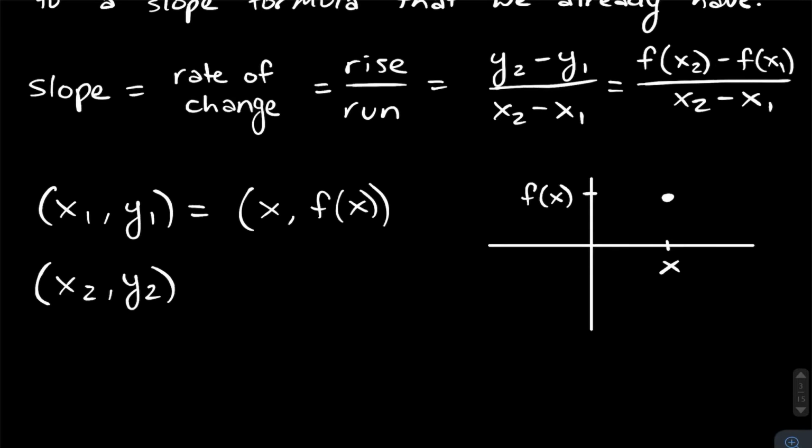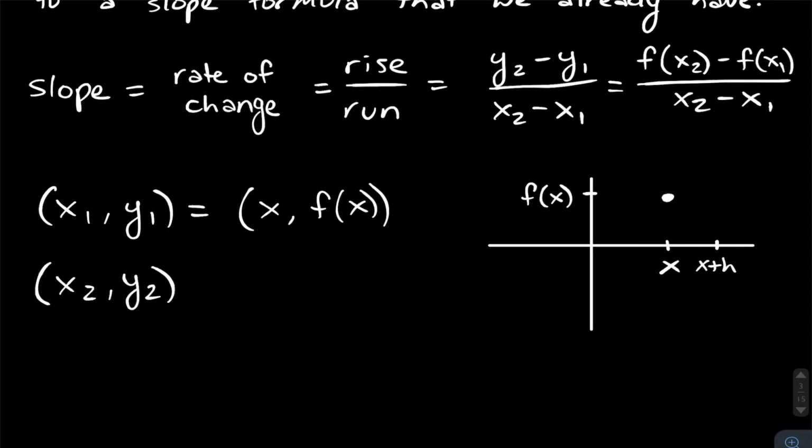And what I'm going to do now is move a little bit over. I'm just going to see where this graph is going, and so I need another point, just like we do when we're talking about the regular slope of a line. And so I'm going to move over by h. That could be like 1 or 2 or 3, just some number, and we're moving over a little bit.